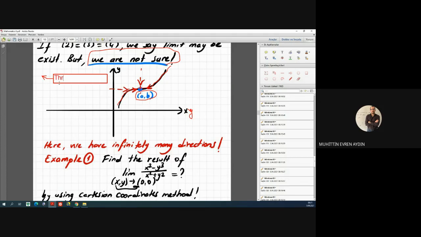Let me write here: by the Cartesian method you can obtain non-existence of limit.